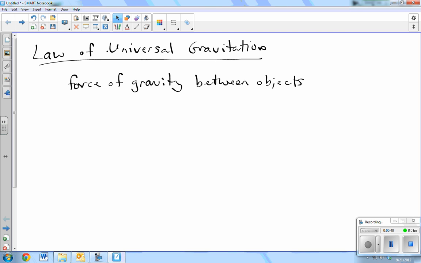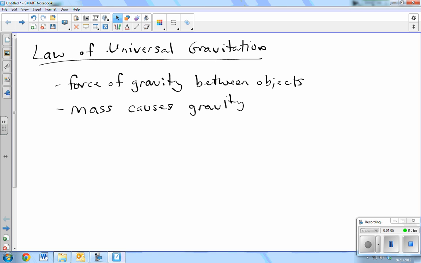The only reason that we experience gravity on Earth is because we're standing on the Earth. For all intents and purposes, mass causes gravity. There may be some particles that are responsible for it in the end, but as far as we're concerned, if an object has mass, it has its own gravitational attraction.